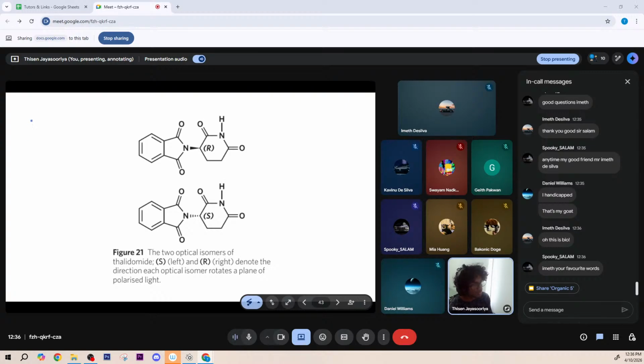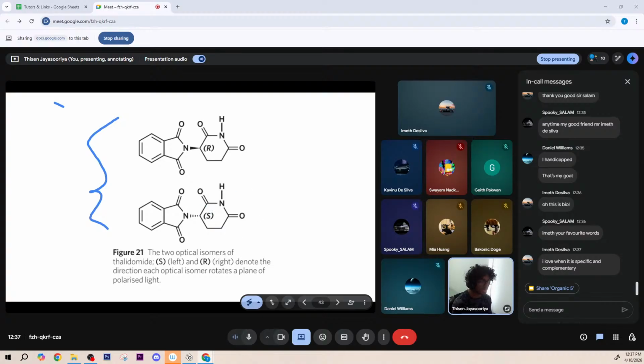So here, these are 2 different optical isomers, R and S. These 2 have different 3D spatial arrangements, which means they interact with light in different ways. But this also means that only one of these, if they were used in the body, could be used as a medicine, because one of them won't fit into the receptor because it has the wrong 3D spatial arrangement, while the other will fit because it has the correct one.